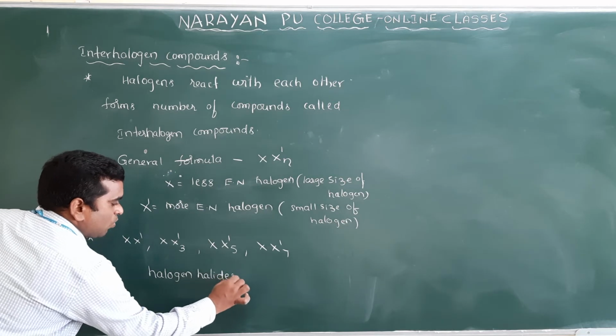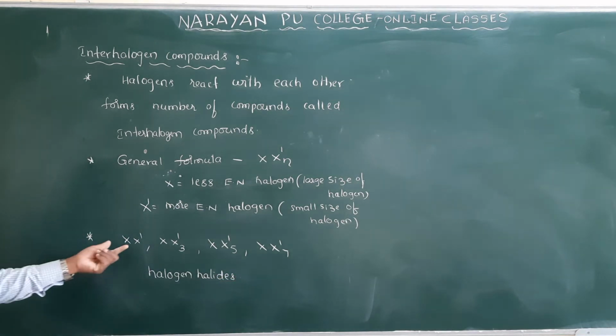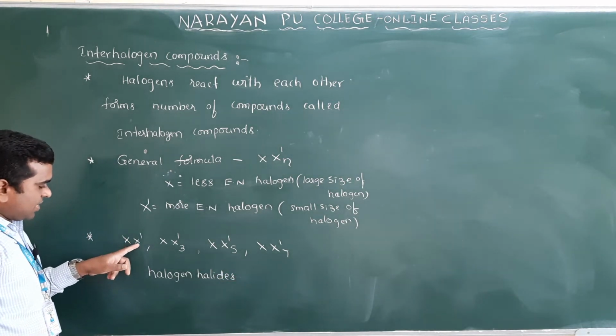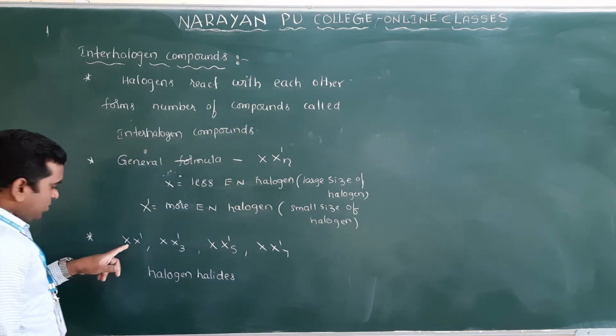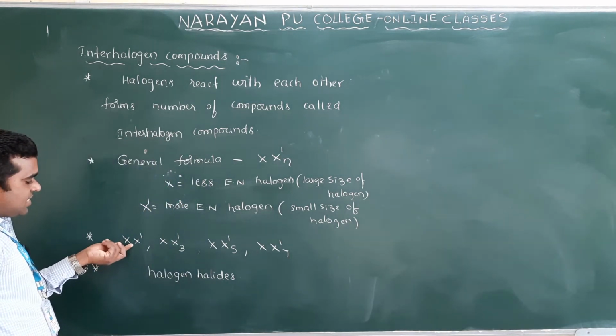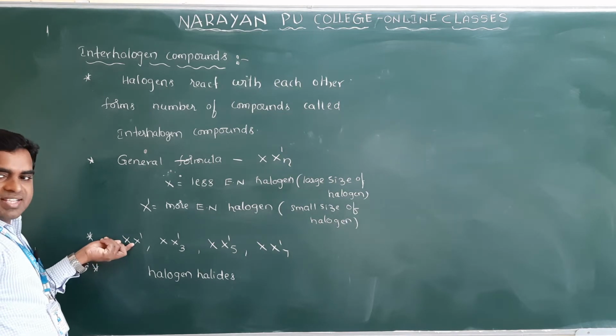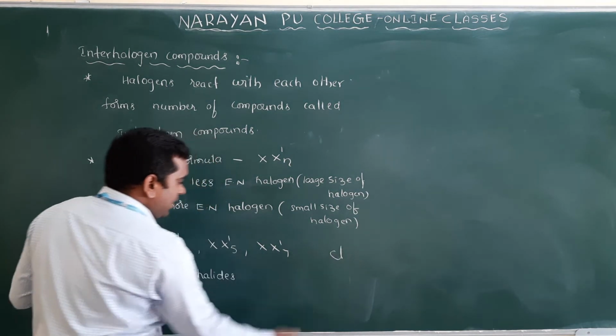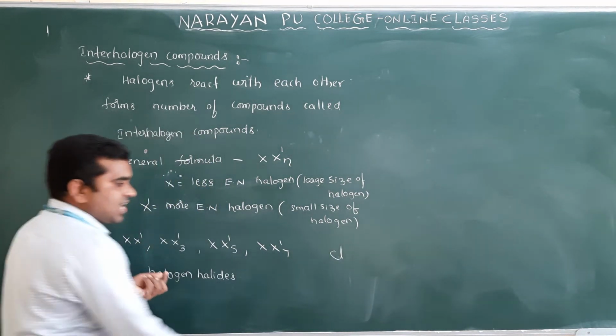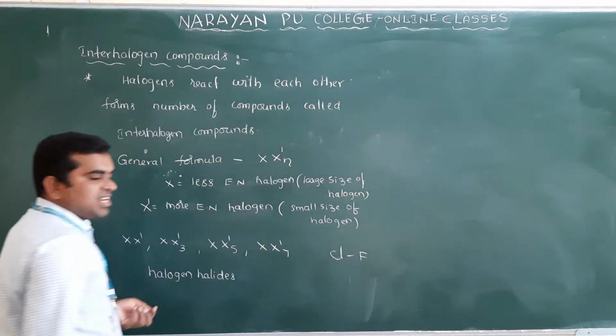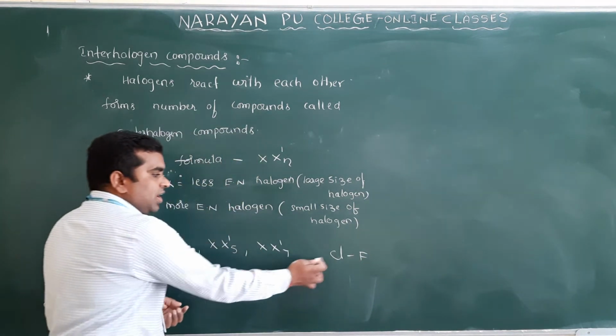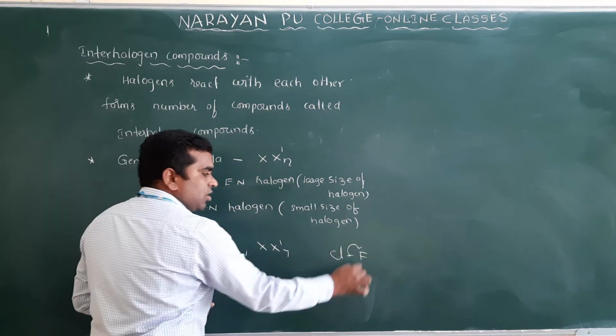Halogen halides. Why is it halogen halides? Because you know that this is halogen. I will take one example here. This X is a large size halogen. I will write here chlorine, and X dash should be small size halogen. I will write here fluorine. This is an interhalogen compound. So chlorine and fluorine, which one is more electronegative? Fluorine.